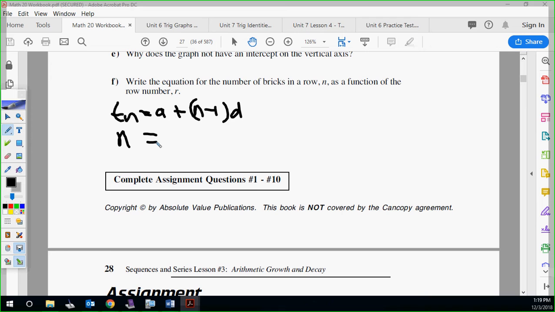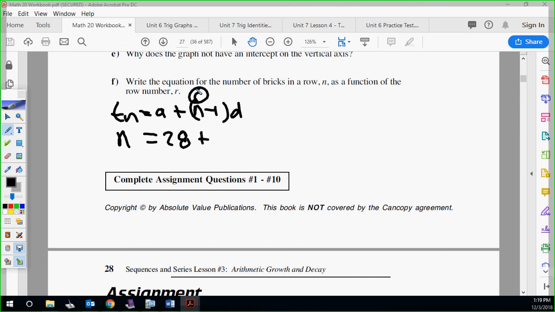What's our a for what they just talked about? What's row 1? 28. So 28. We leave n as n in the actual problem, right? Which I think is dumb because they switched it on us. It's fine.